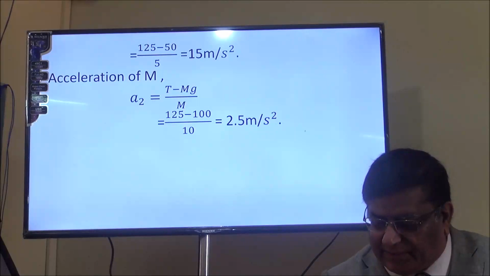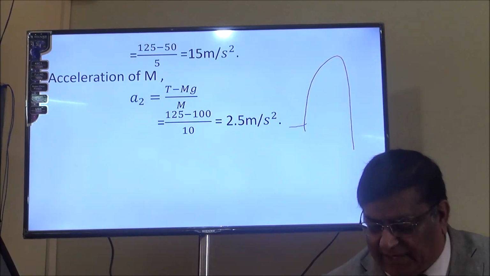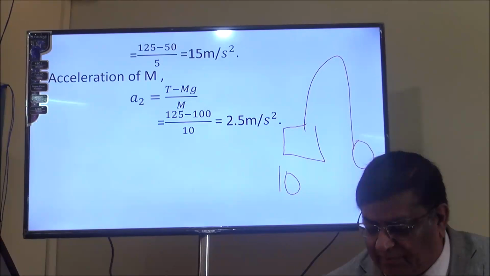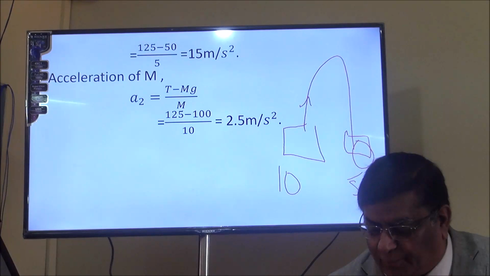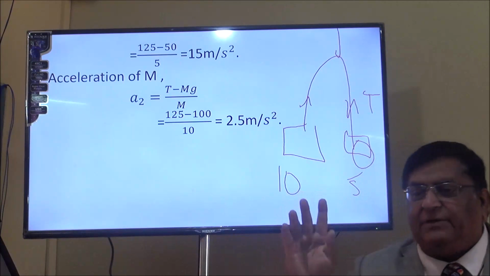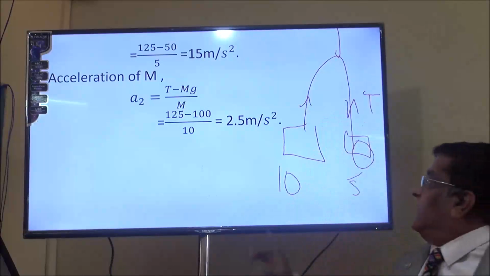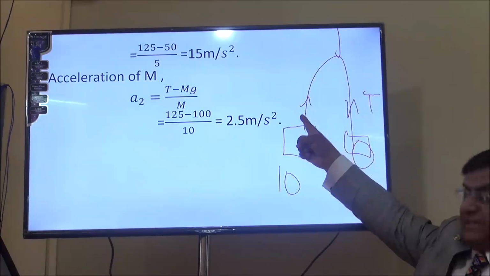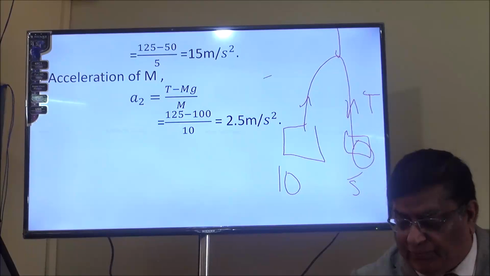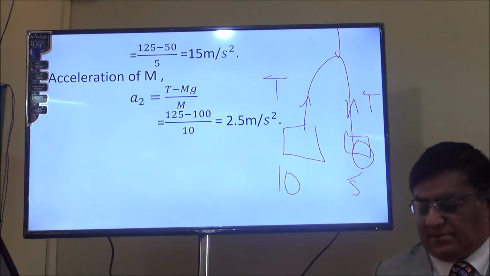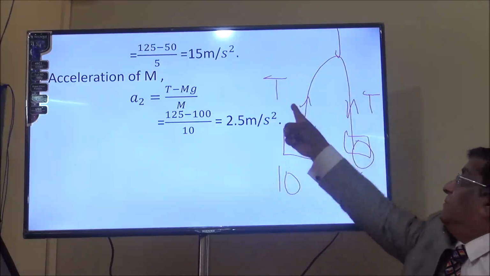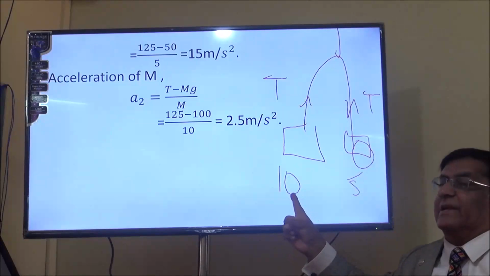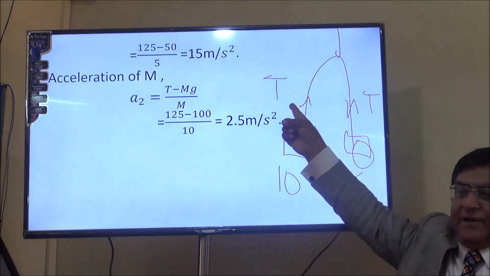You see, this is mass 10, this is mass 5, both are being pulled by tension. Here is T naught for F, whatever it is there. When this T is equal to, this T should be more than 10 into G, that is 100 Newton, then this will be lifted up.